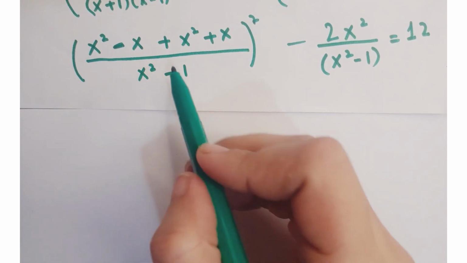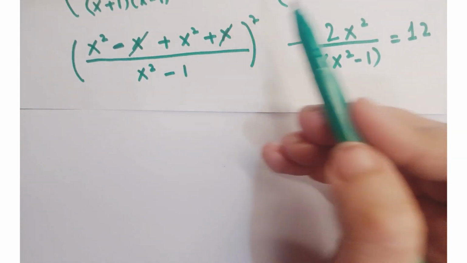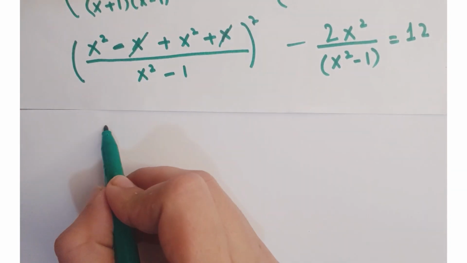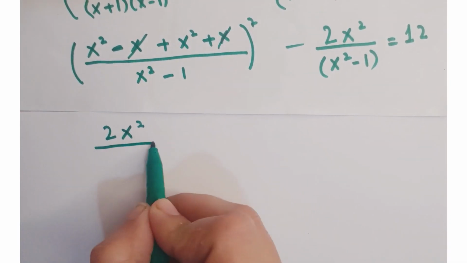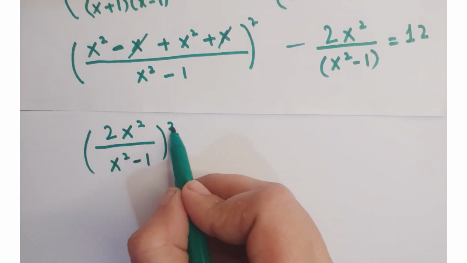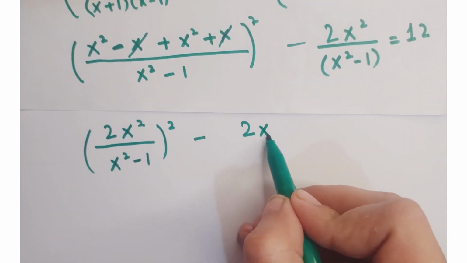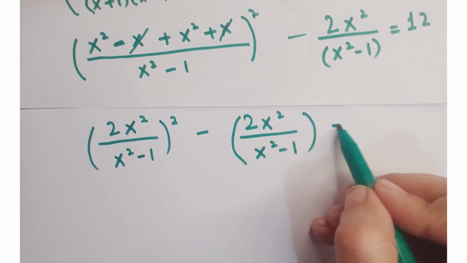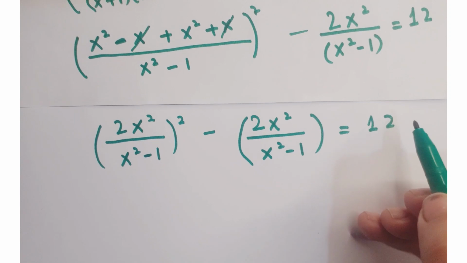Further, you can see that this x and this x get cancelled. So we have x² and x², it makes (2x²/(x² - 1))² - 2x²/(x² - 1) = 12.